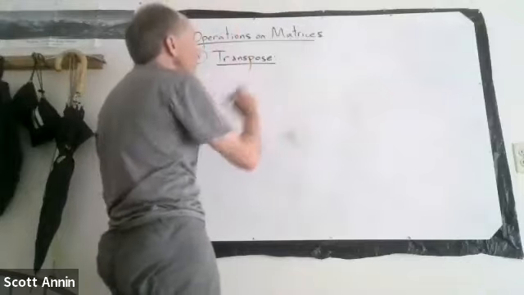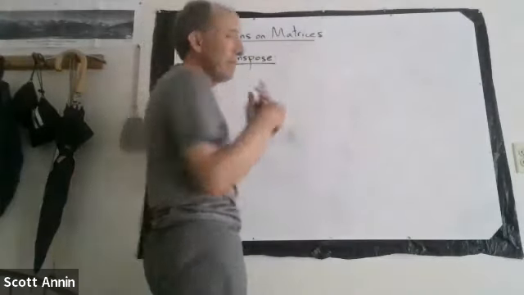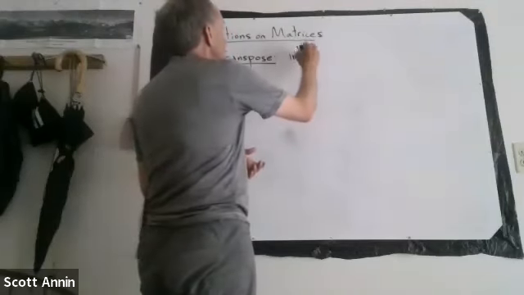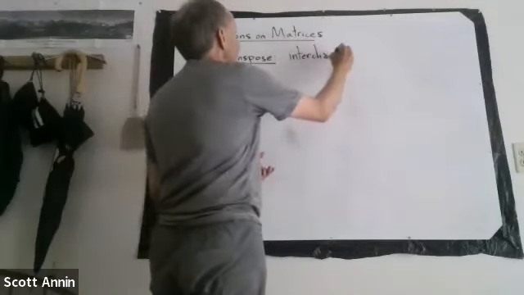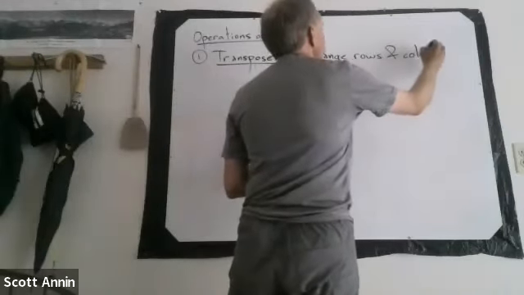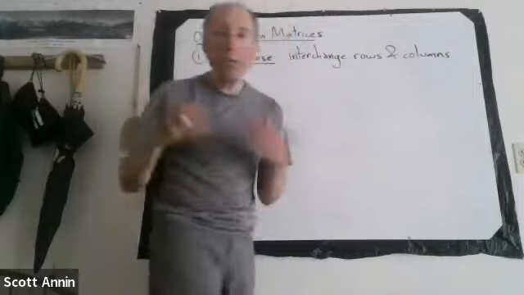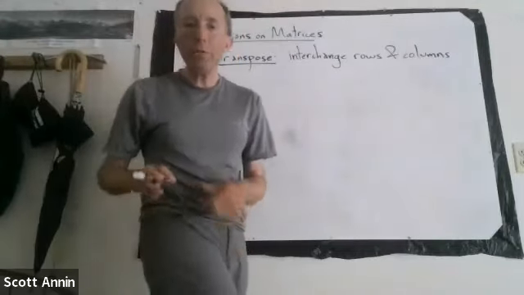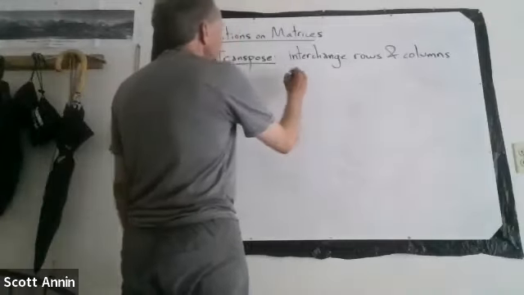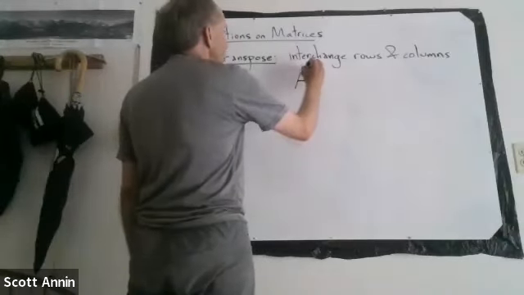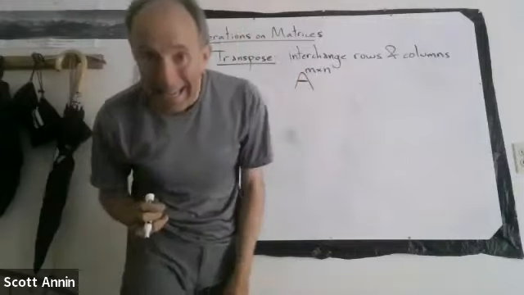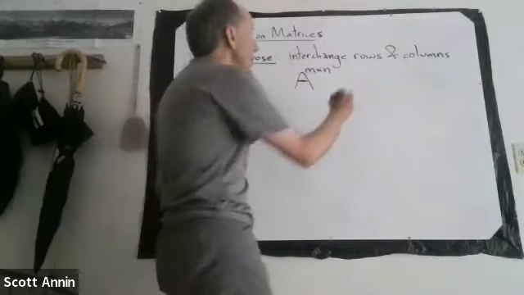When I transpose a matrix, I'm going to interchange rows and columns. In other words, I'm going to swap them. Let's suppose that my original matrix is M by N, M rows and N columns.